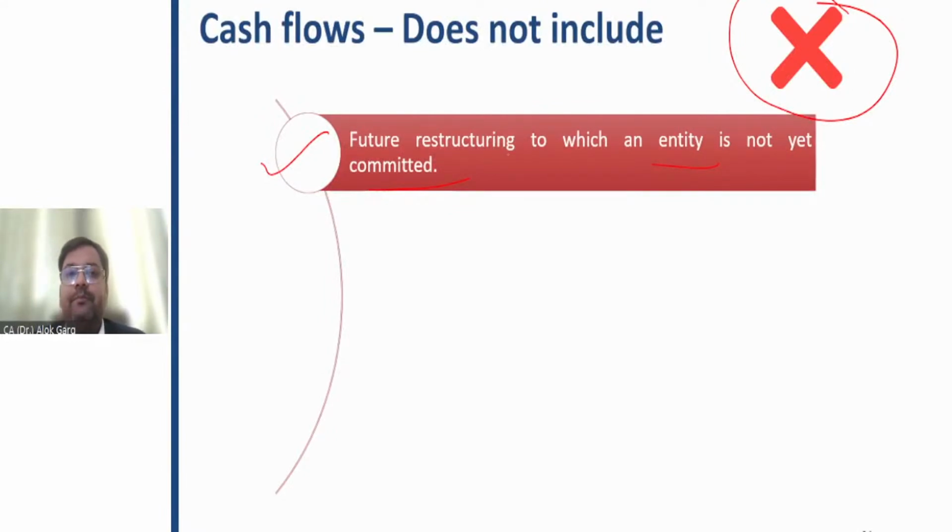While calculating value in use, it is again a projection, so management, just to avoid the impairment, should not calculate a fake value in use. Management will not increase the artificial value in use. That is why these kind of things have been given: you should not consider future restructuring just to increase your cash flow.